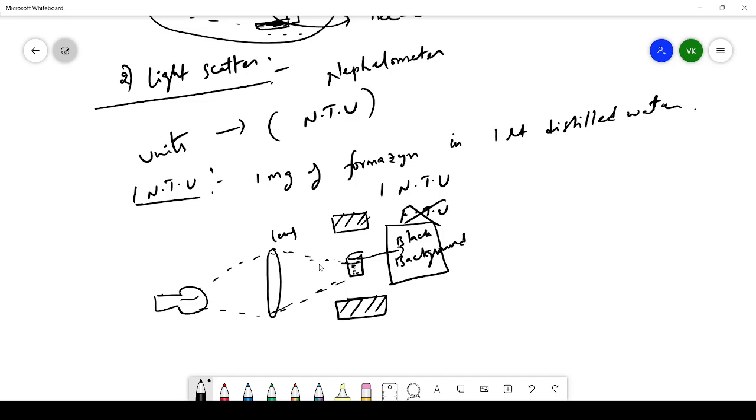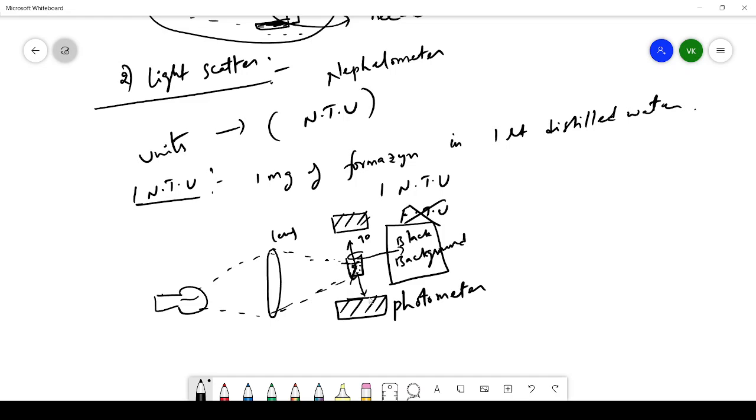Similarly, if there are impurities present in the water, these impurities will be reflecting the light. If not 100%, definitely part of that light will be scattered. Whatever light is scattered at 90 degrees will be absorbed by these photometers.